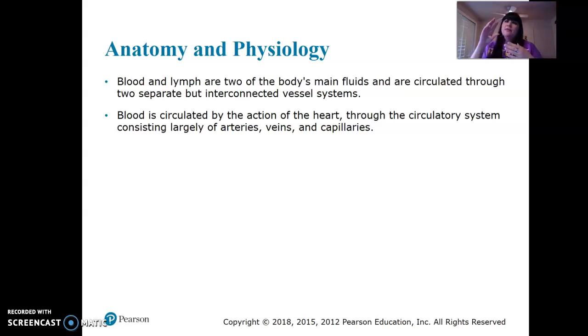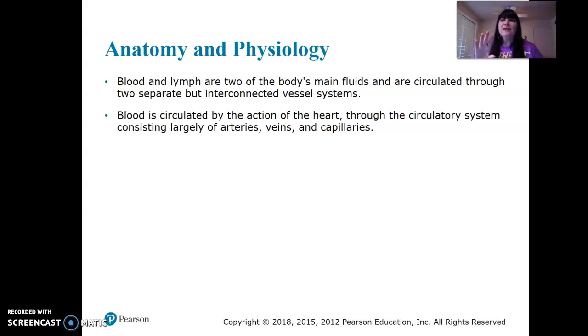Now, when the vessels get to the capillaries, the smallest parts of the vascular system, fluid leaks out of the blood and goes between the tissues, called interstitial tissue. That can get picked up into the lymphatic system. The lymphatic vessels are closed-ended tubes, and the lymph fluid gets dumped back into the circulatory system.